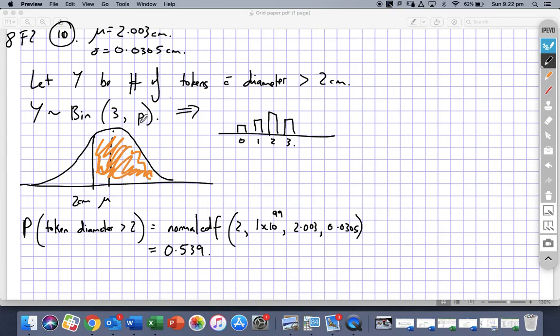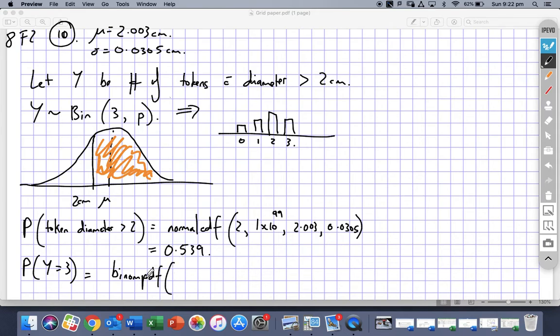So the probability that y is equal to 3. Seems a bit silly saying greater than or equal to. Equals binom probability.